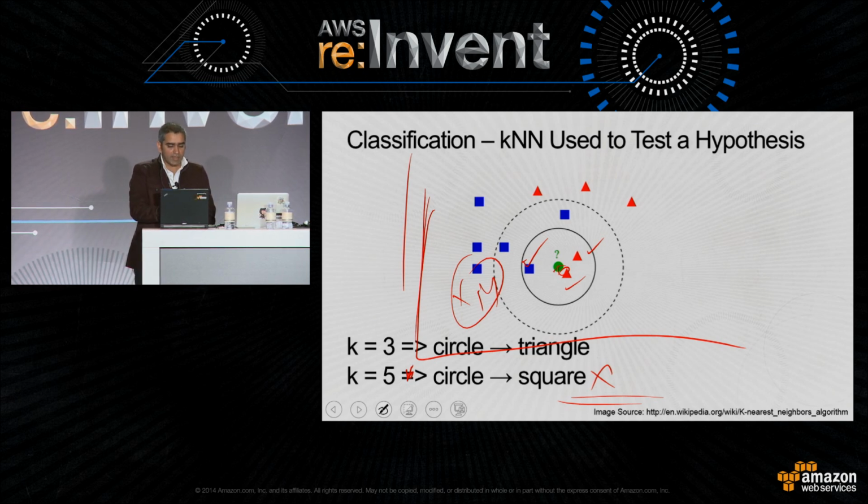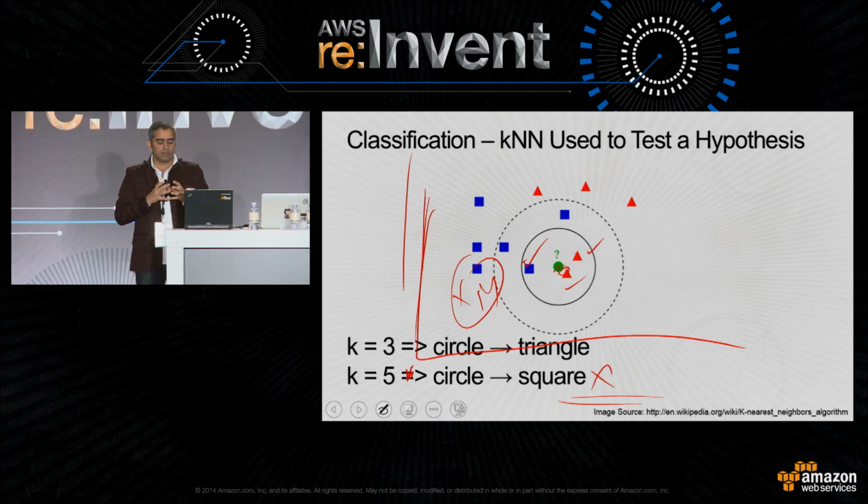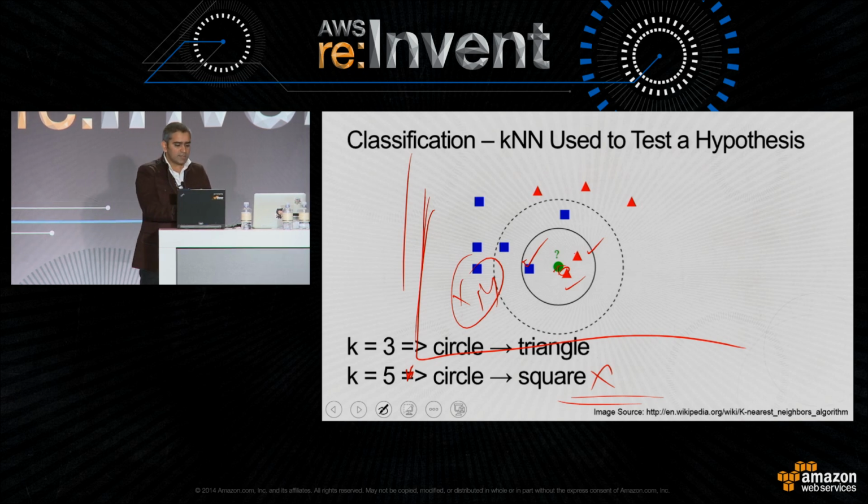But what if we're not trying to classify into a triangle or a square or a circle or whatever, but rather we are trying to come up with a number? How do we do that? We take all these neighbors' values and average them.